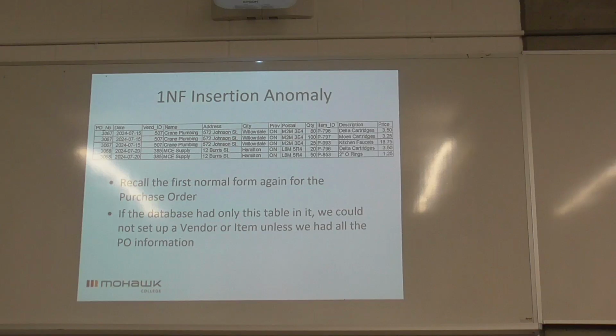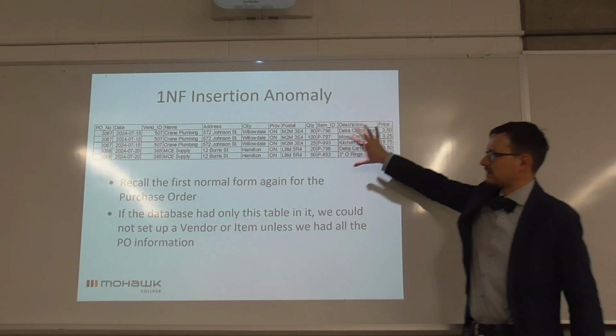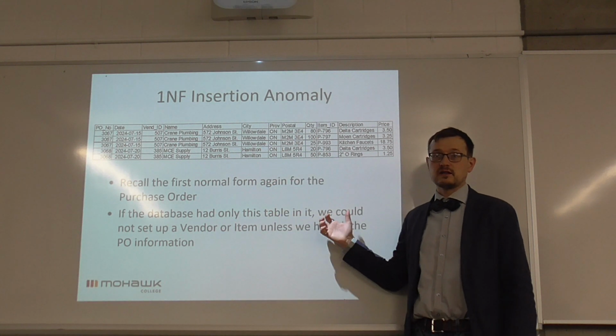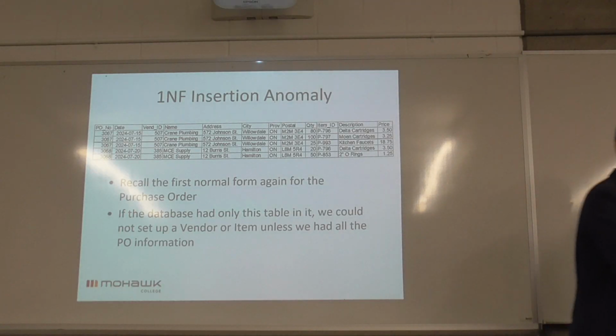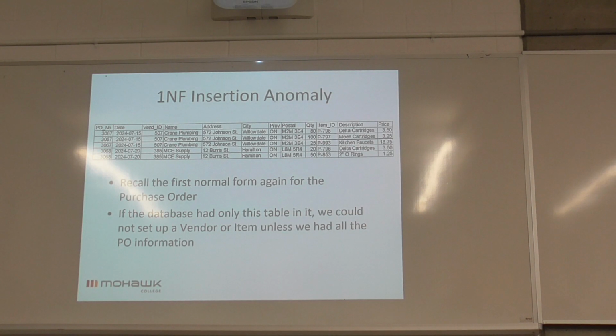It is not possible to insert vendors just by themselves. And this is a thing that you probably want to be able to do. It's also not possible to insert a product without having an order for it. Make sense?